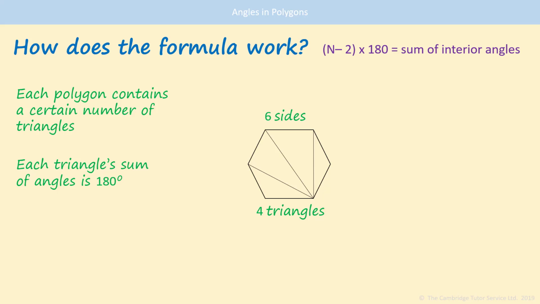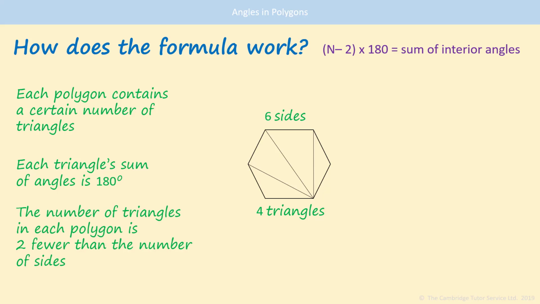The sum of angles of each of those triangles is 180 degrees. The number of triangles is always 2 fewer than the number of sides. So that's why we use the formula, the number of sides take away 2, then times it by 180, because that's how many degrees there are in each of the triangles.